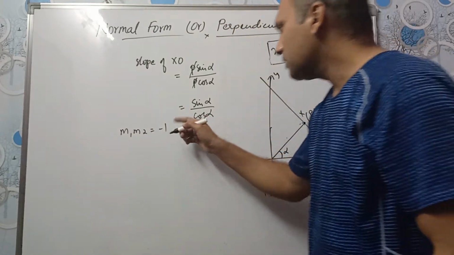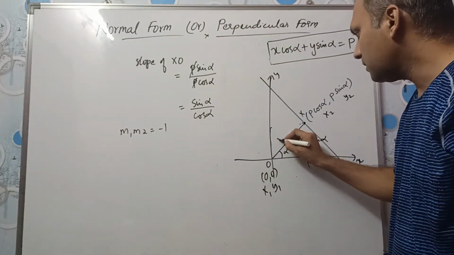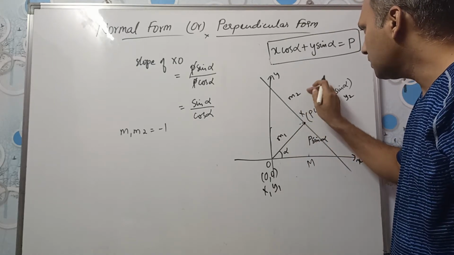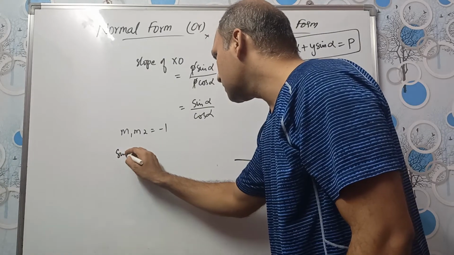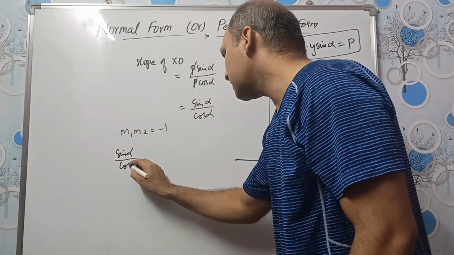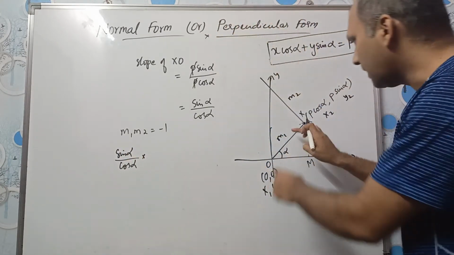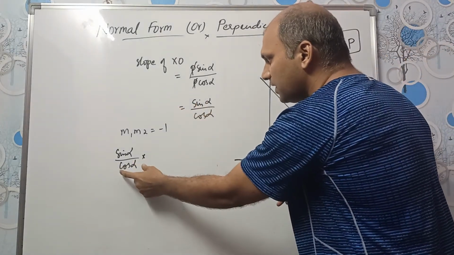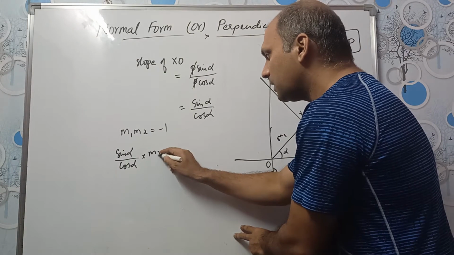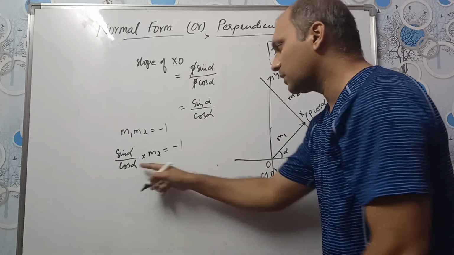Now, if we consider this slope as m1 and this slope as m2, we need to find the slope m2. So, m1 is how much? Sin alpha divided by cos alpha, isn't it? So slope of XO, sin alpha divided by cos alpha, multiplied by m2 is minus 1.